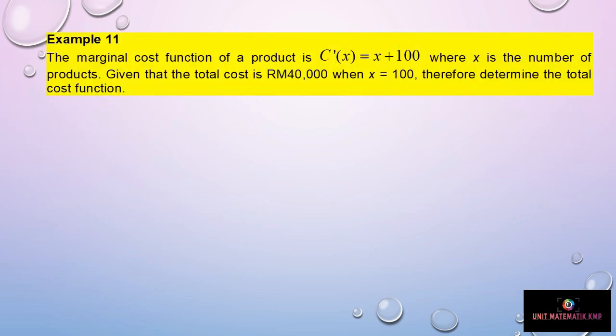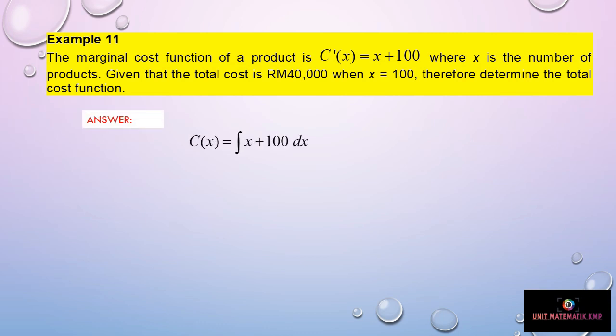The last example, Example 11. The marginal cost function of a product is C prime x equals x plus 100, where x is the number of products. Given the total cost is RM 40,000 when x equals 100, determine the total cost function.